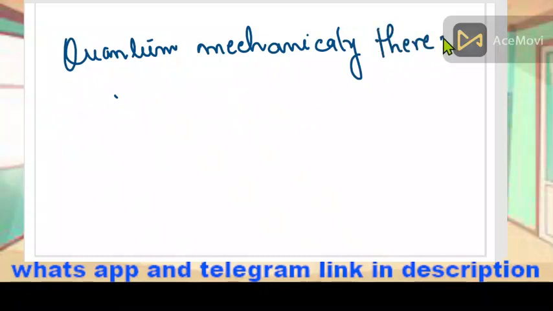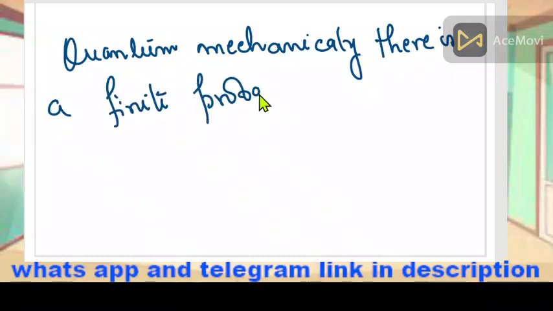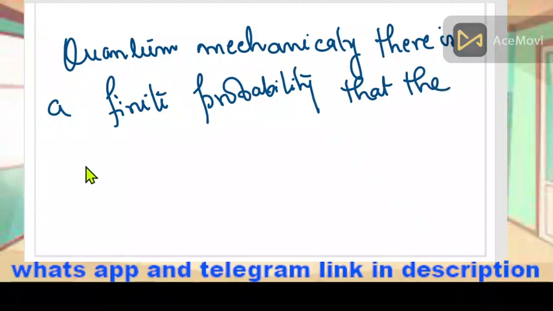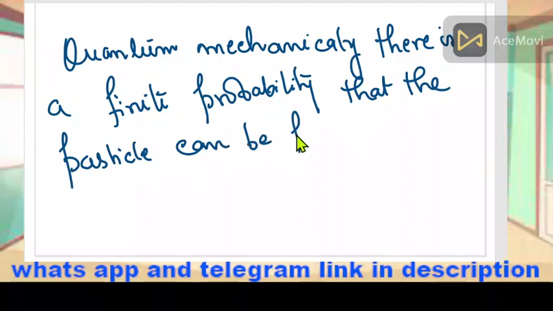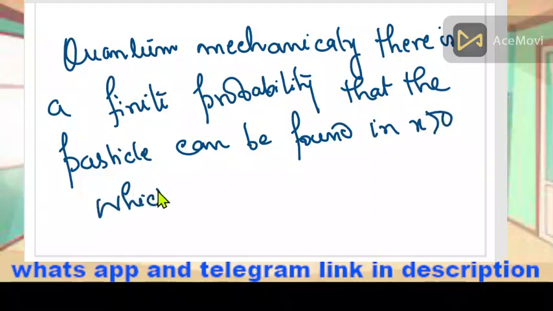Quantum mechanically, there is a finite probability that the particle can be found in x greater than 0, which is classically forbidden.